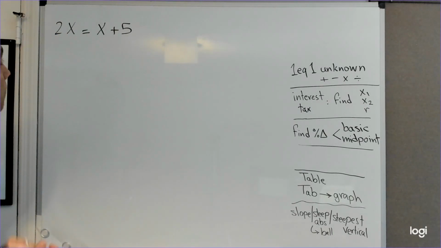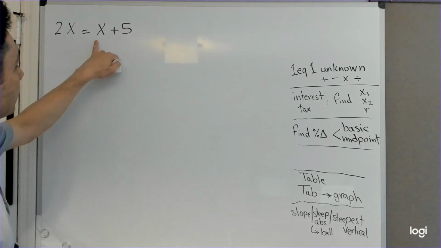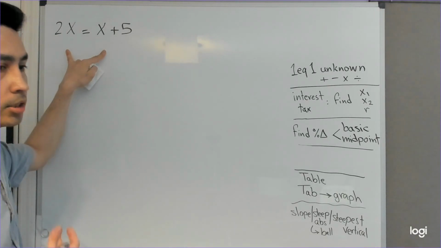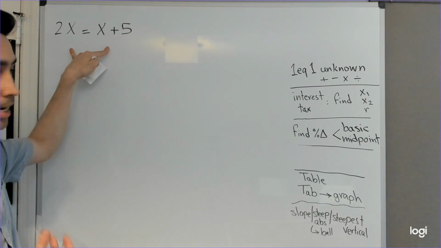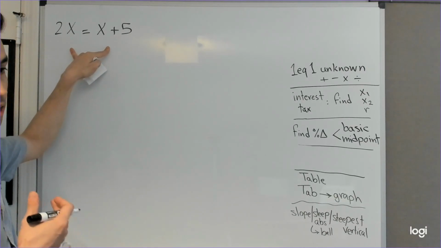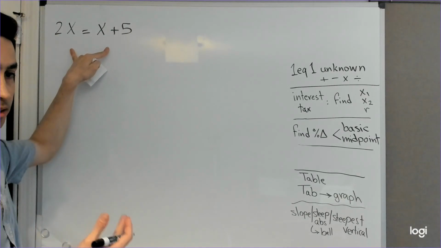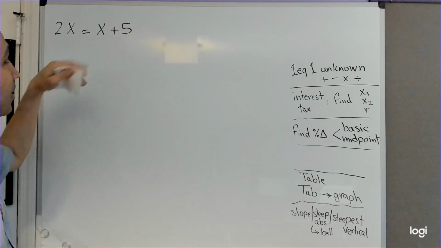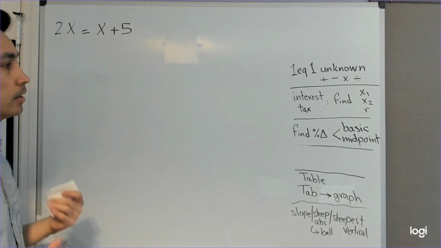Then I may come up with the idea that if I subtract x from the two sides, my problem is solved. Remember, every time you have an equality, you're allowed to subtract the same value from both sides. You're allowed to add the same value to the two sides. You're allowed to divide the two sides by any number except by 0.